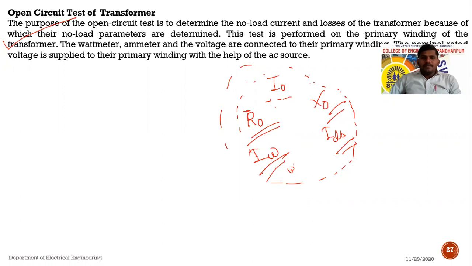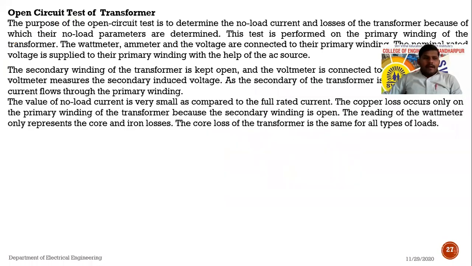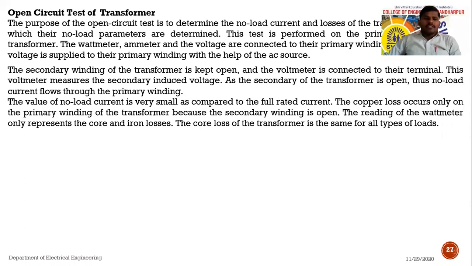Now see, here the secondary winding of the transformer is kept open, so there is no load on the secondary side, and a voltmeter is connected on the secondary side to measure the induced voltage. This voltmeter measures the secondary induced voltage.